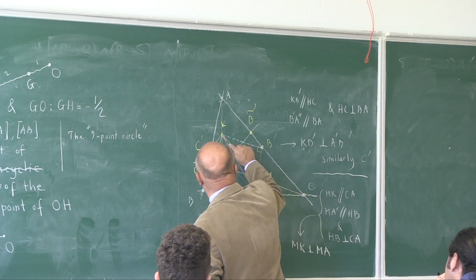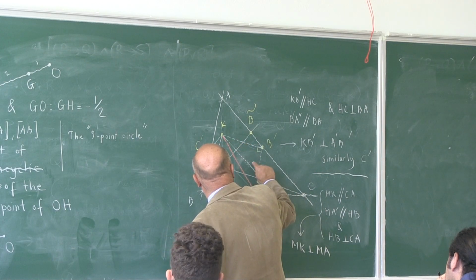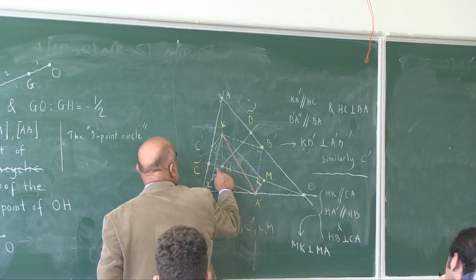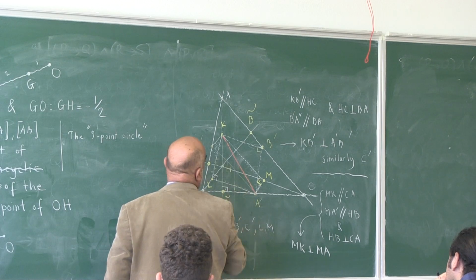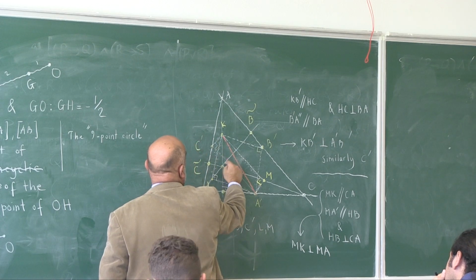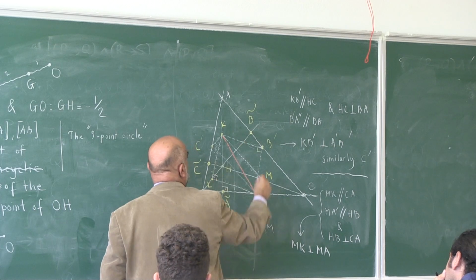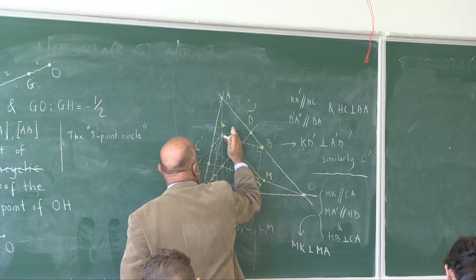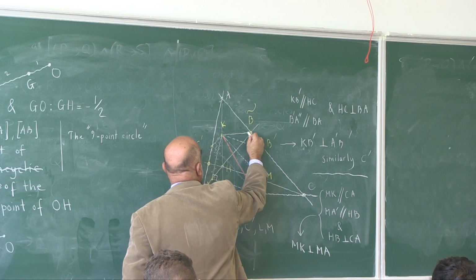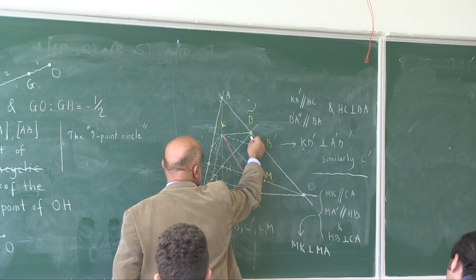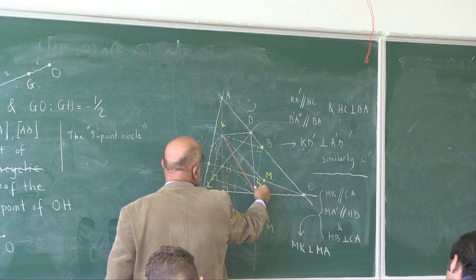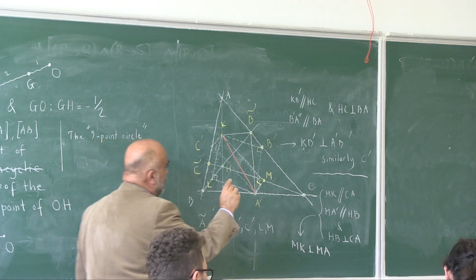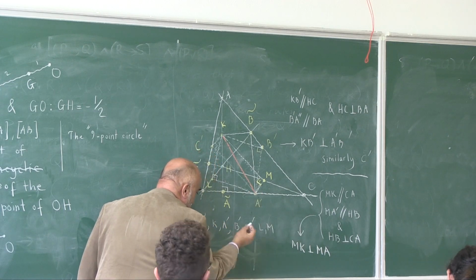Perhaps I should convert these lines into dotted lines. Right. Now how about B tilde? Now I have to prove that the line segment KA prime subtends a right angle at B tilde. How are you going to do it? Now that's somewhat problematic, but remember this.